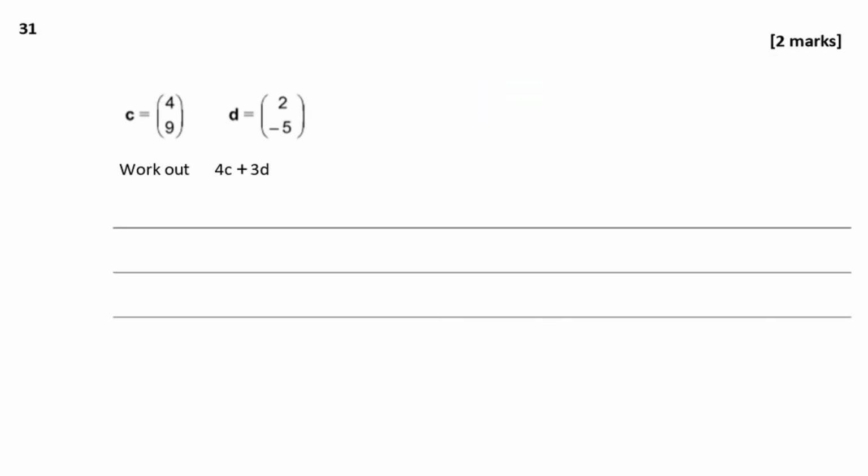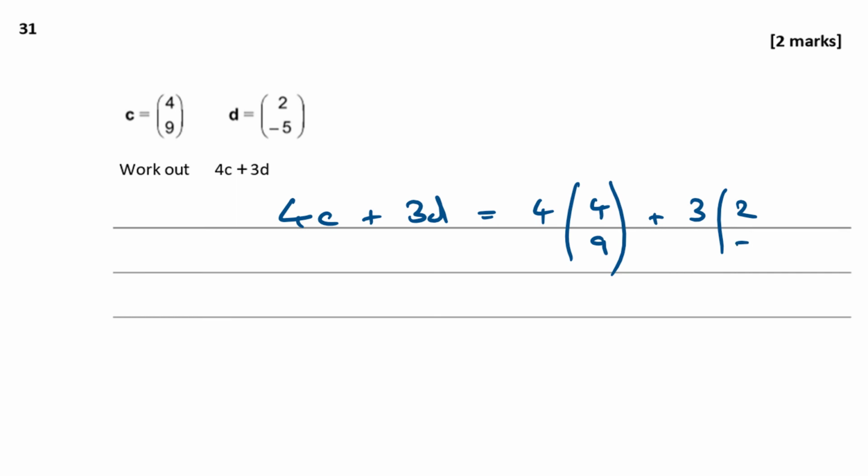Question 31, and we've got 2 column vectors, and we're told that we want to work out 4c plus 3d. Well, 4c plus 3d is going to be 4 lots of the c column vector plus 3 lots of the d column vector. So subbing in c and d, I'm going to get that.